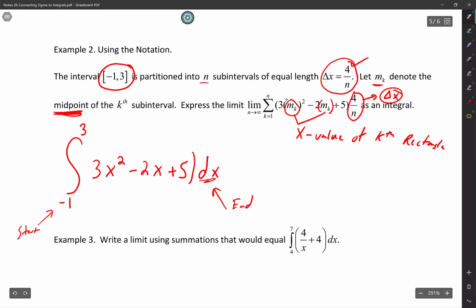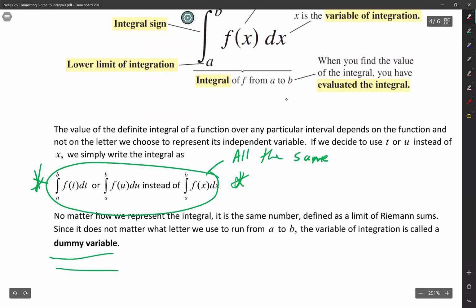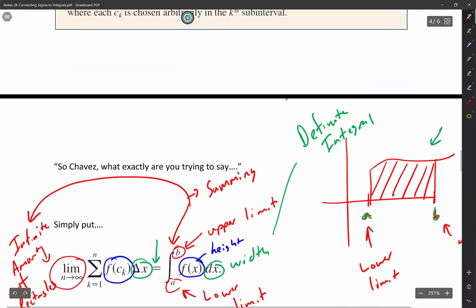It is all of that times your delta x. This is what makes your integral your integral: f of x times dx. When doing antiderivatives, the dx goes away because those are just properties of how you get your antiderivative. But it's in there. The dx does not go away if we're doing sigma notation. We're constantly multiplying by that dx.